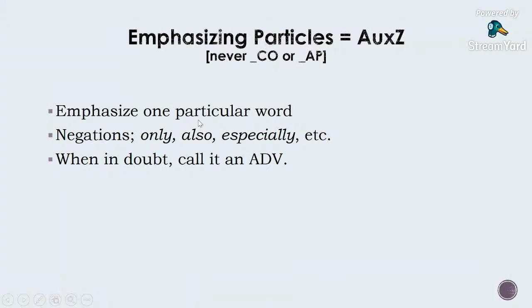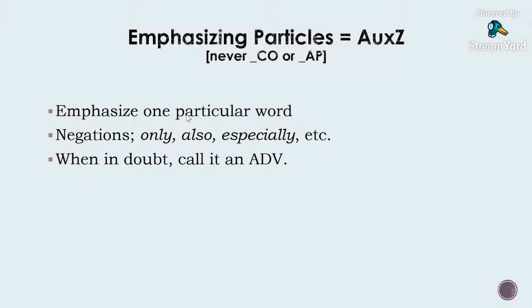Emphasizing particles are a little trickier. Aux z's are things that emphasize one particular word, typically, especially the negations, any not or version of not. Also, kai meaning also, words like especially or only.